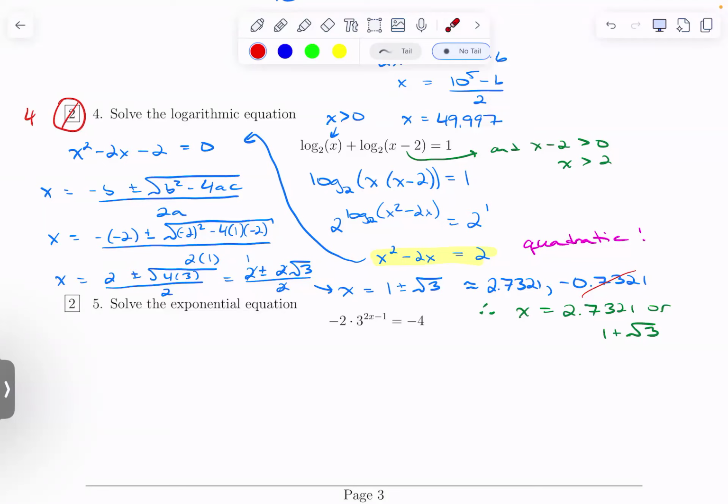You can just leave it as 2 plus minus root 12 over 2, but you'd get to the same answer. So that's fine. I guess I was just showing off at this point. No, I just don't like to deal with the denominator, that's all. So if I can ditch it, I will, but you don't have to. But you do need to tell me that there's only one solution, not 2.